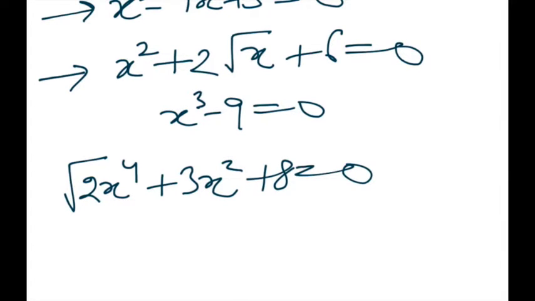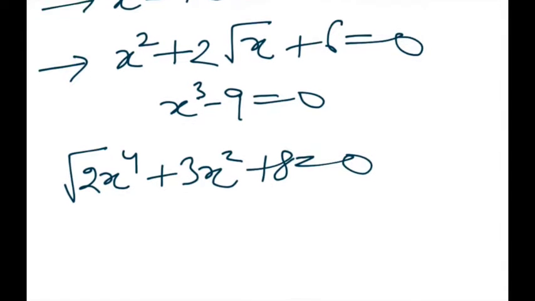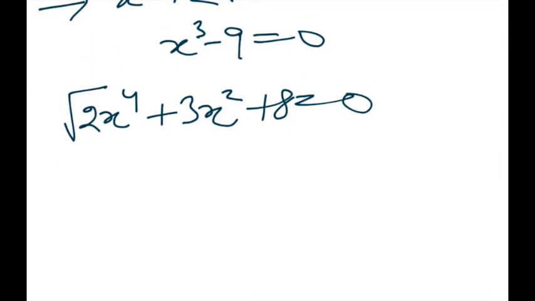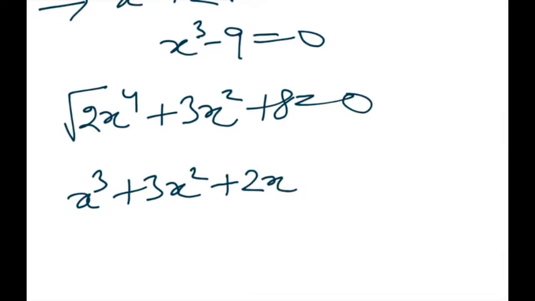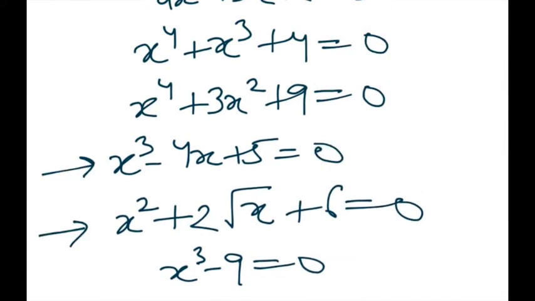And this is also not a quadratic equation, right? Okay, let me take one more example, last example. X cube plus 3x square plus 2x plus 5. This is again not quadratic, right?